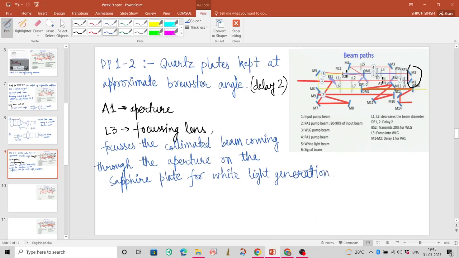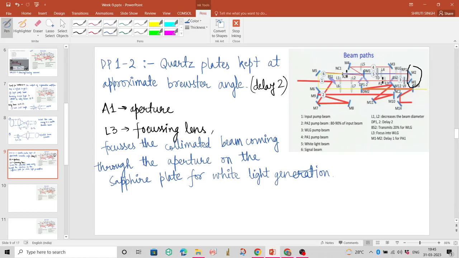Right, so here we reached up to here that L3 is the focusing lens which focuses the incoming beam from the aperture to this sapphire plate here, from where we get the white light.